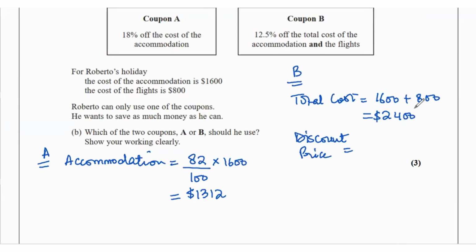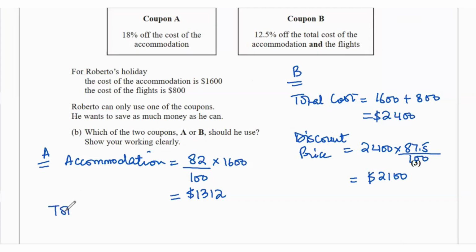So basically he's going to pay 87.5% of 2,400. So 2,400 times 87.5 over 100. And that's going to give us $2,100.